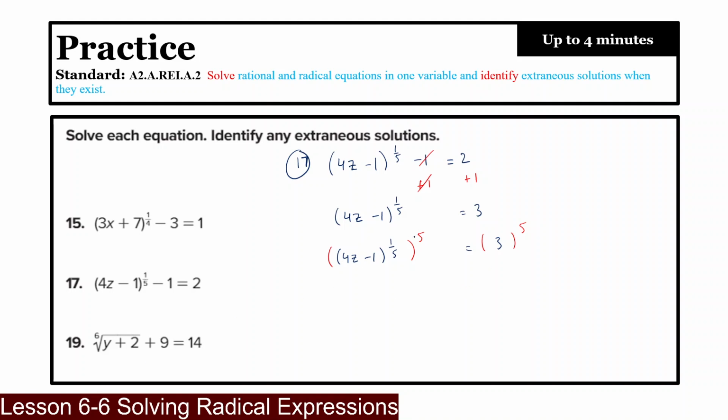When I do this, my radical cancels out and I'm left with 4z minus 1 equals 3 raised to 5, which last time when we did this, I think it was 243.